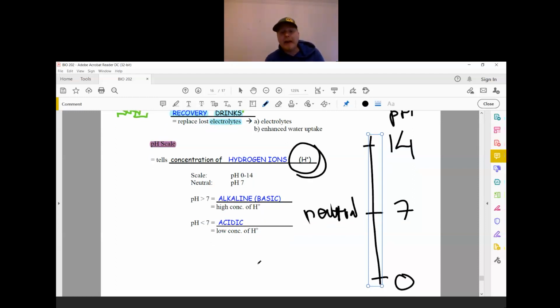So if we have high pH, that would be basic or alkaline. And if we have low pH, that would be acidic. So low concentration of hydrogen ions.